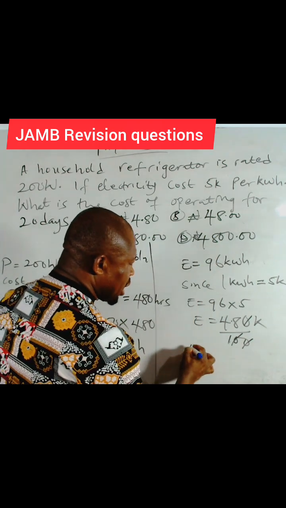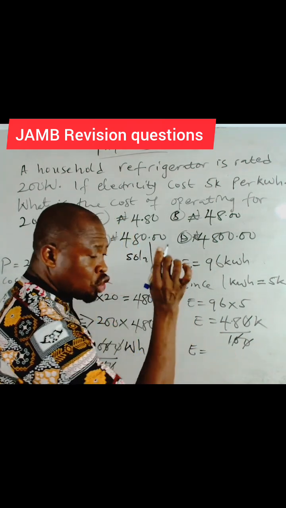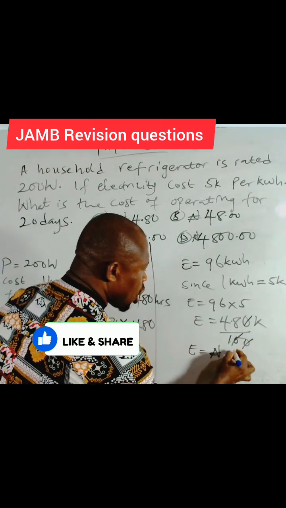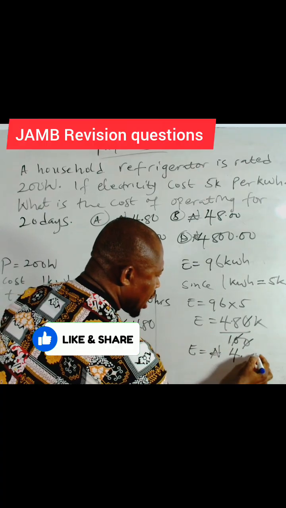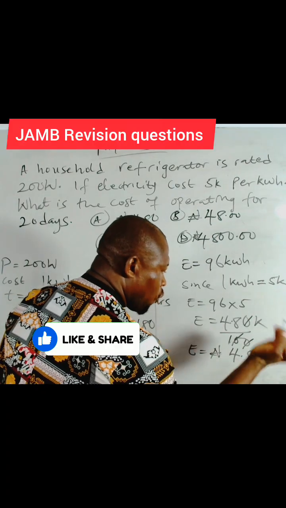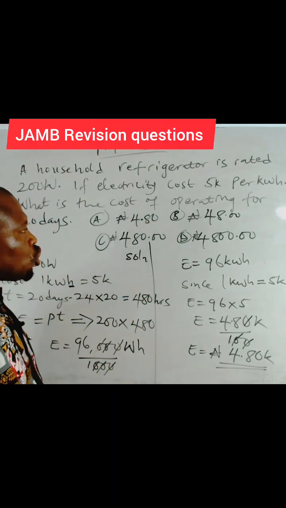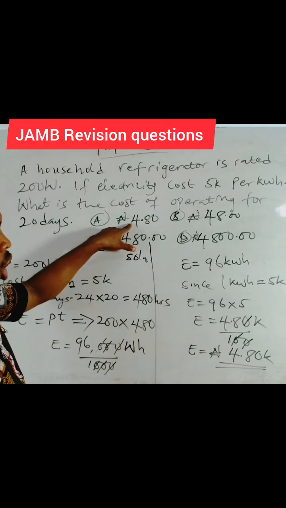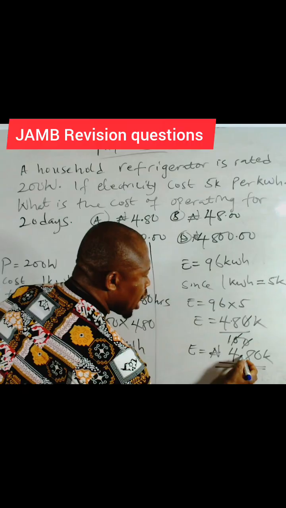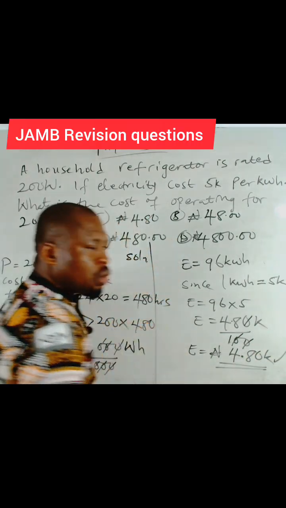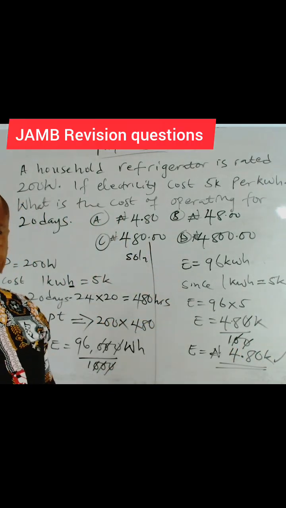We now have that the cost of the energy consumed is 4 naira 80 kobo. That is it. And of course, the option to that is option A. So 4 naira 80 kobo, option A. That is the final answer.